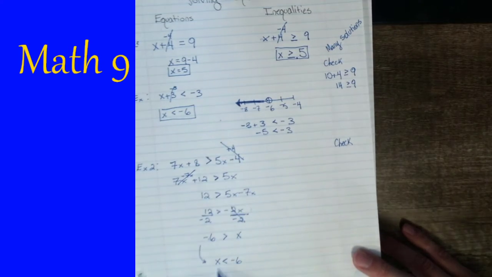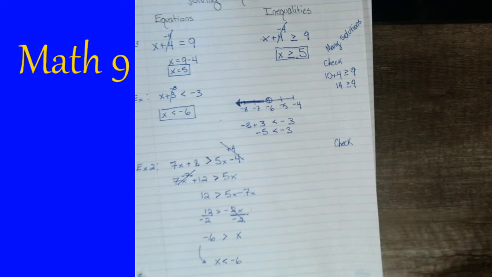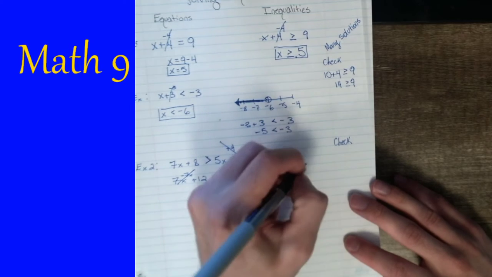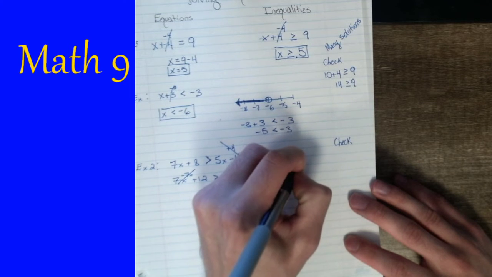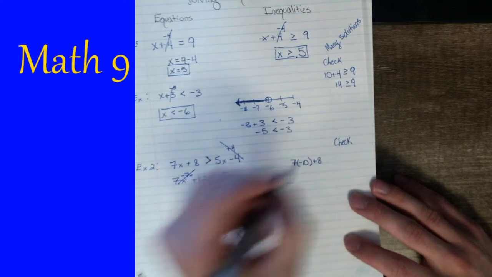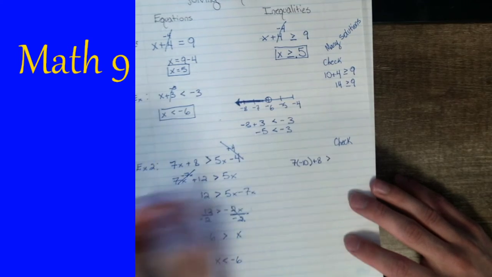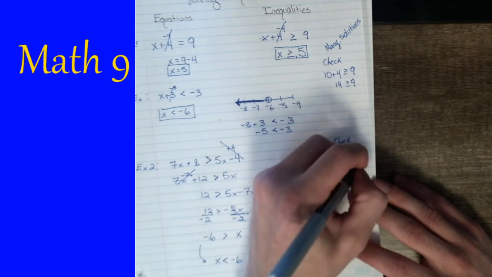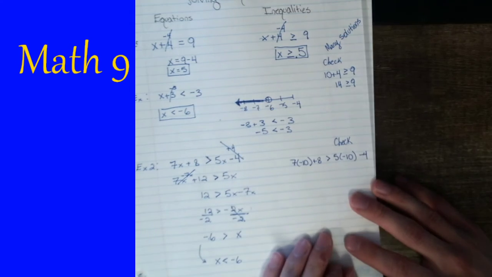So I'm hoping that you understand why you have to make that change when we check our answer. So let's actually pick a number where x is less than negative 6. Negative 10 would be a good example for that. So negative 10. So we have 7 multiplied by negative 10 plus 8 has to be greater than 5 multiplied by negative 10 minus 4.